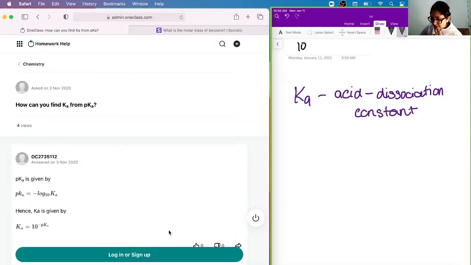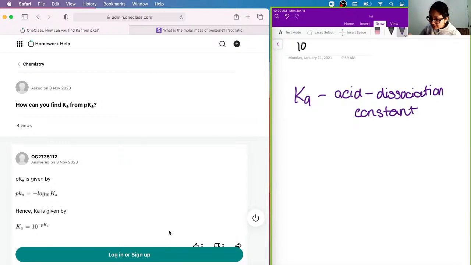So pKa is also a measure of how acidic a solution is.